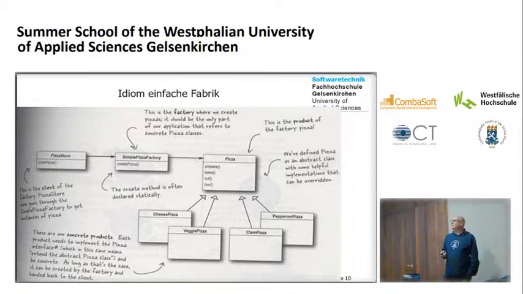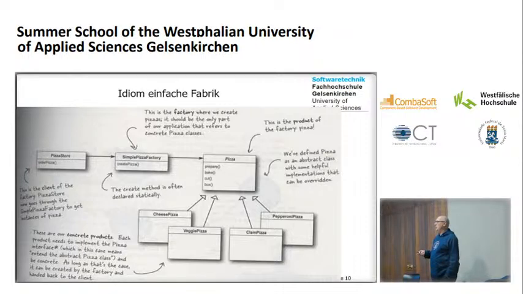So it is designed that you have a class with this create pizza operation. It has an association to an abstract class of pizza. And for this abstract class pizza, the operations are prepare, bake, cut, and box.